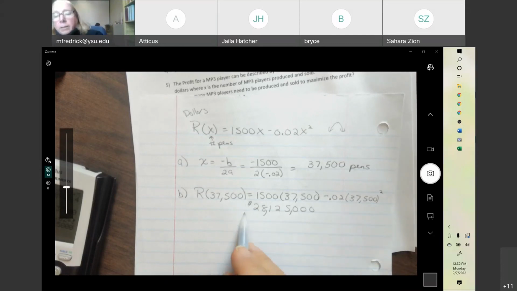So this would be your maximum revenue. Of course, you haven't subtracted out your cost yet, but that would be your maximum revenue. Any questions on that?